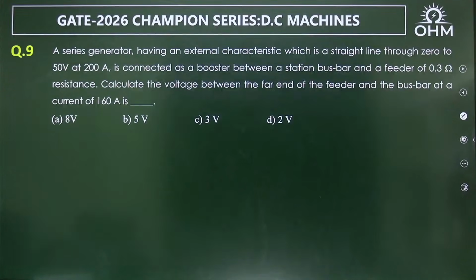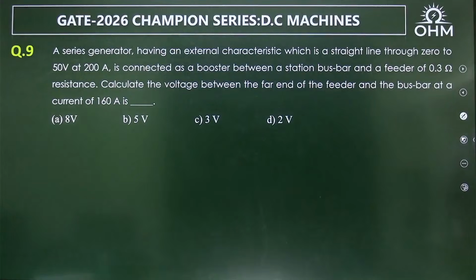A series generator having an external characteristic which is a straight line through 0 to 50 volt at 200 ampere, and it is connected as a booster between a bus bar and a feeder of 0.3 ohm.